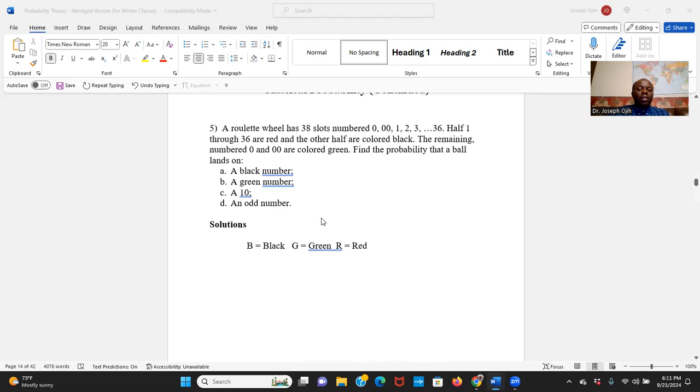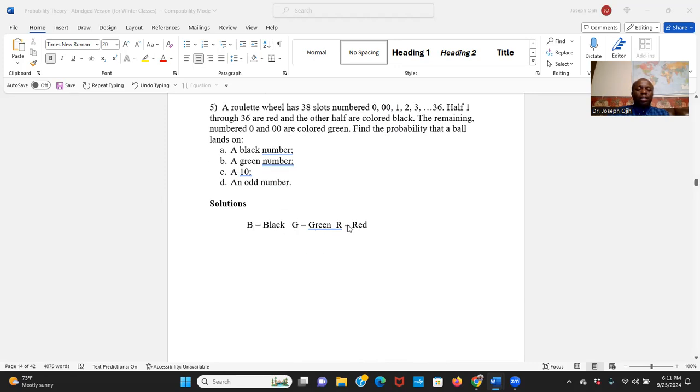So we begin by using B for black, G for green, and R for red. For red, 18 of them, because it says half of 1 through 36 are colored red. Then black, B, is also 18 of them, because it says the other half are colored black. Then it says that the remaining 0 and 00 are colored green.